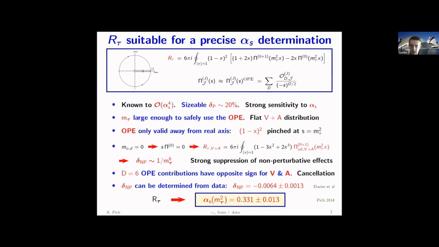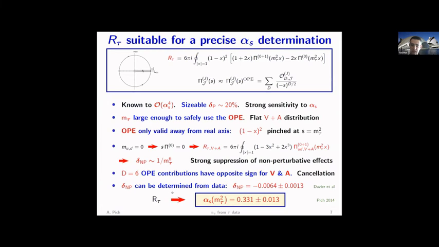You cannot apply the OPE on the real axis, but R tau has 2 zeros at x equal 1, that is at s equal m tau squared, and therefore numerically you are well protected. And therefore, if you just take the chiral limit, which is a very good approximation, so I neglect very light quark mass corrections, you see that the only non-perturbative corrections which appear are suppressed by at least 6 powers of the tau mass.